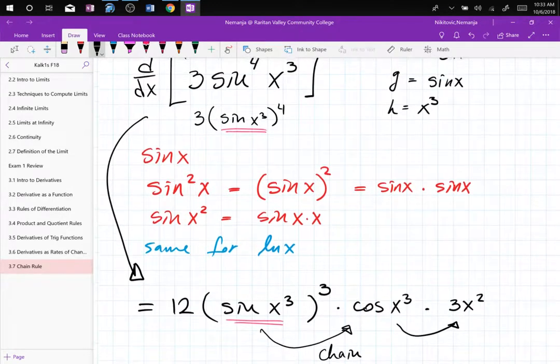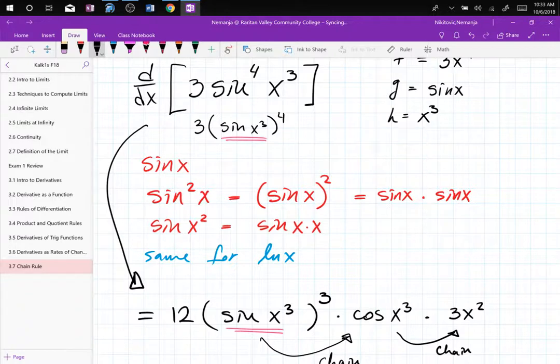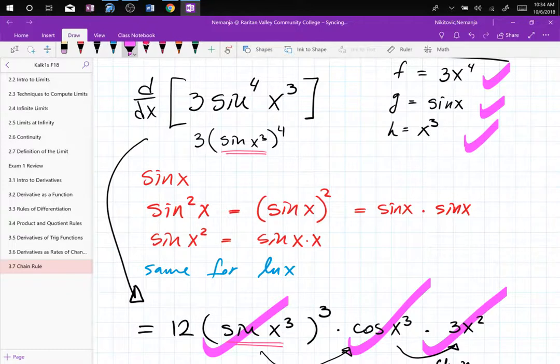Now that I have this, look what I'm going to do. Please look at the screen. 1, 2, 3, 1, 2, 3. This needs to be followed at all times.